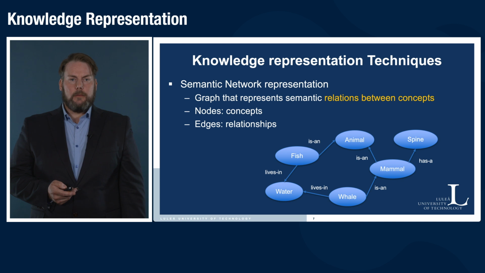So a mammal has a spine, and a mammal is a kind of animal. And fish is an animal too, and fish lives in water. Also whales live in water, and whales are mammals.